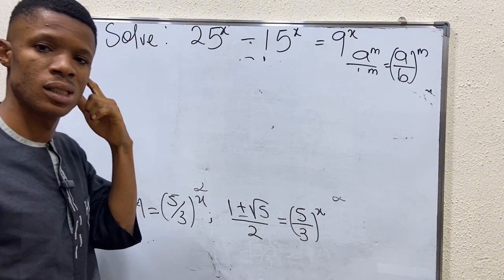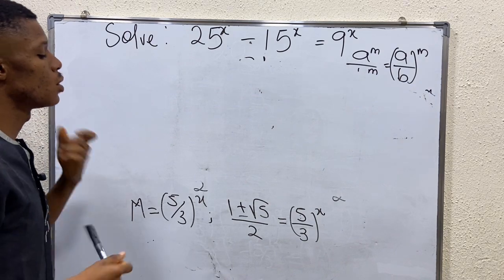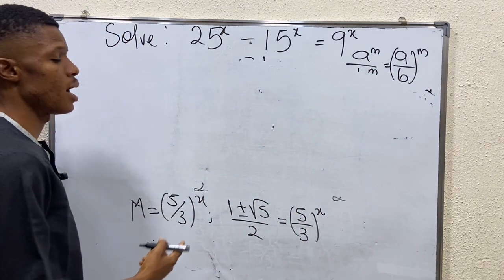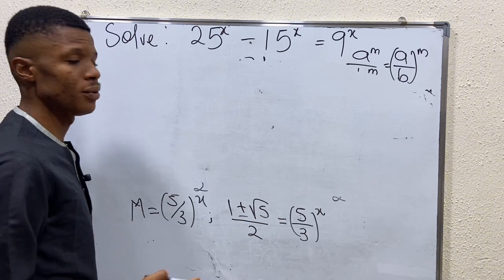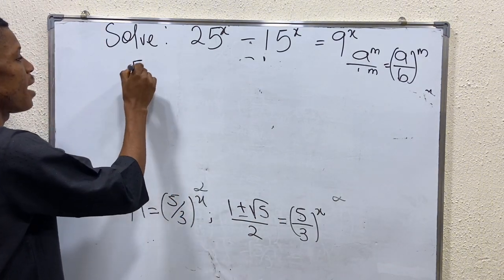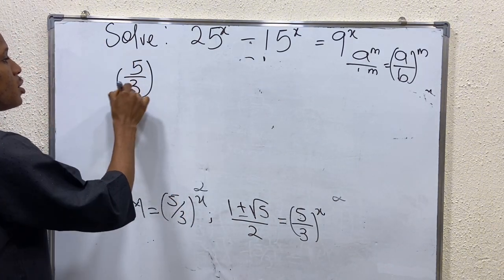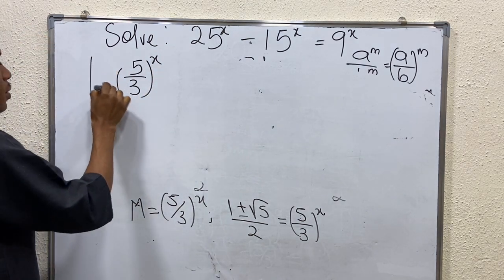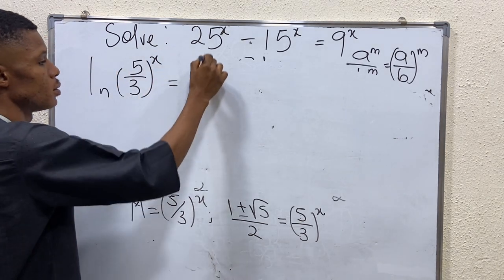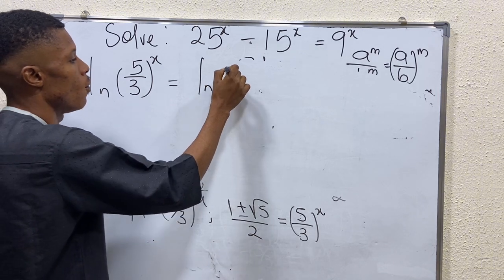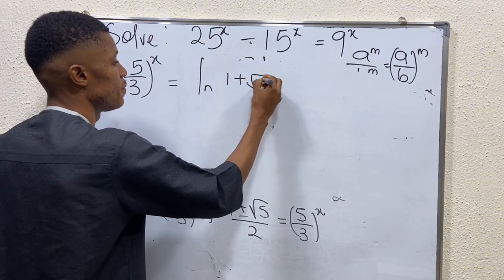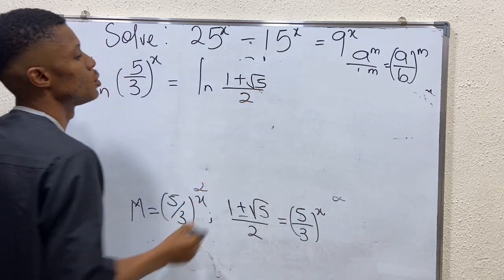Okay. So at this stage, since we have this, we can take the logarithm of both sides so that we can find the value for x. Meaning that 5 over 3 raised to power x, if you take the natural log, ln, is equal to ln of 1 plus, we are using the positive solution now, root 5 over 2.